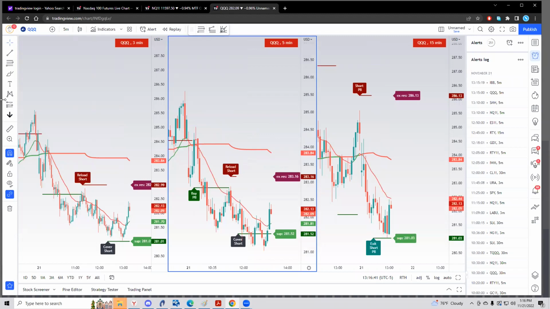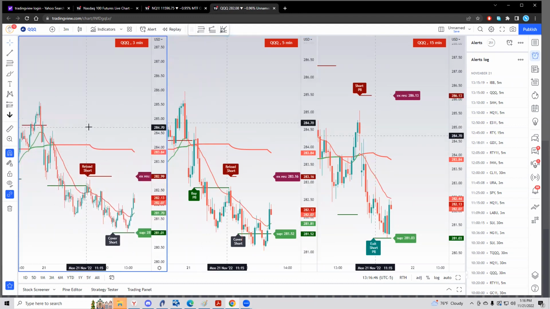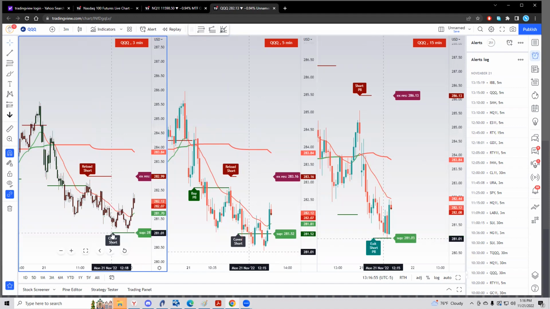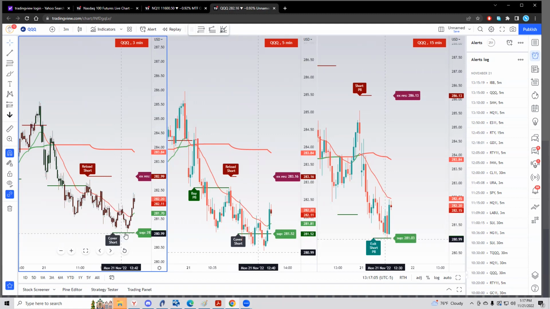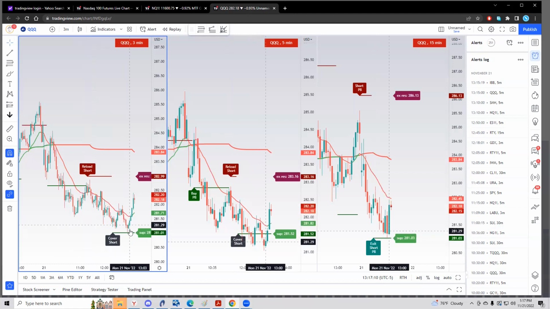So you can see that on the 3 minute chart, the algo detected a short entry in the morning around 11:18, and then it picked up the point where it detected the down cycle on the 3 minute chart was about to be completed, and it started to draw that green horizontal line, and this is exactly where price found support.